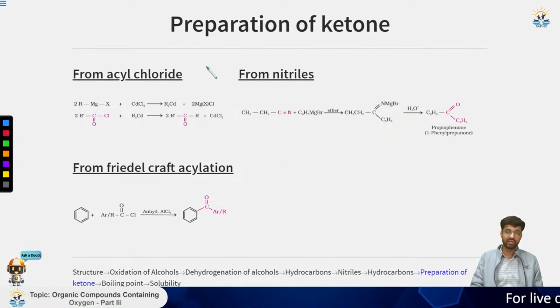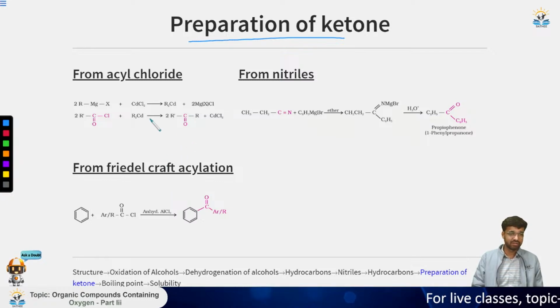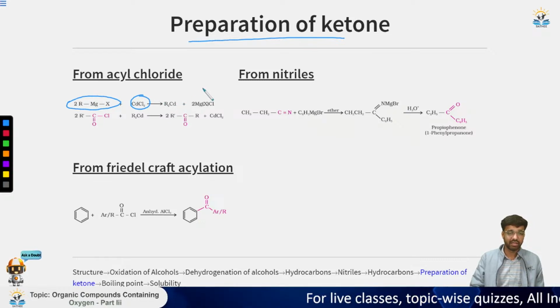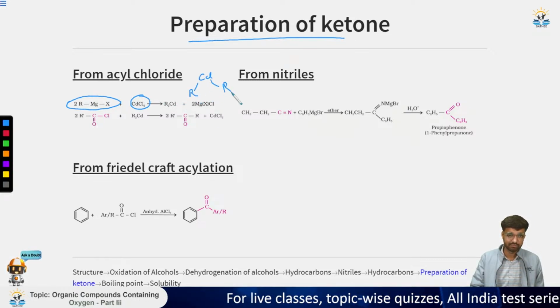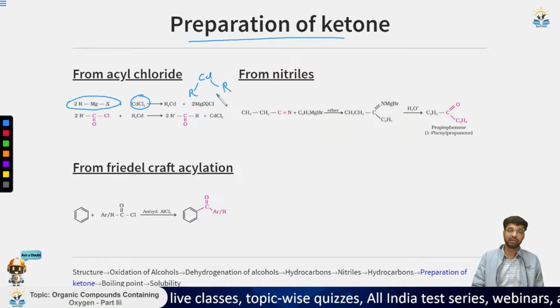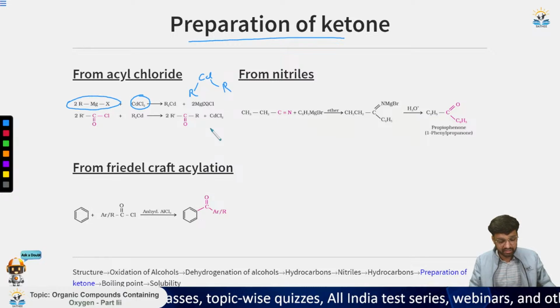Then next we will see some preparations of ketones. The first one is we are taking a Grignard reagent here, and in the presence of CdCl2 we get this kind of thing. Now this Cd is a metal, that is cadmium. It is having 2 R. Both R can act as a nucleophile.